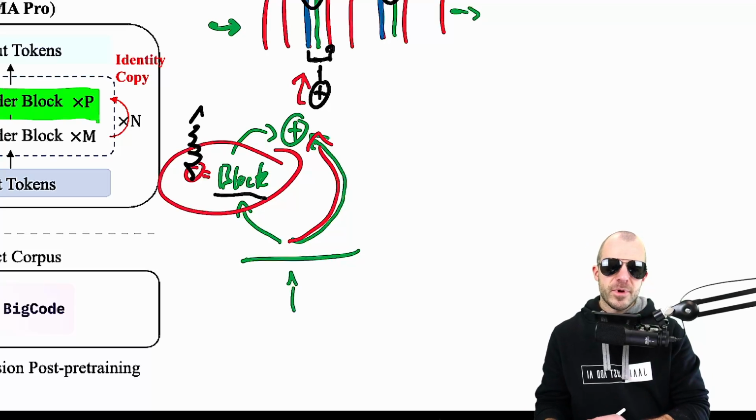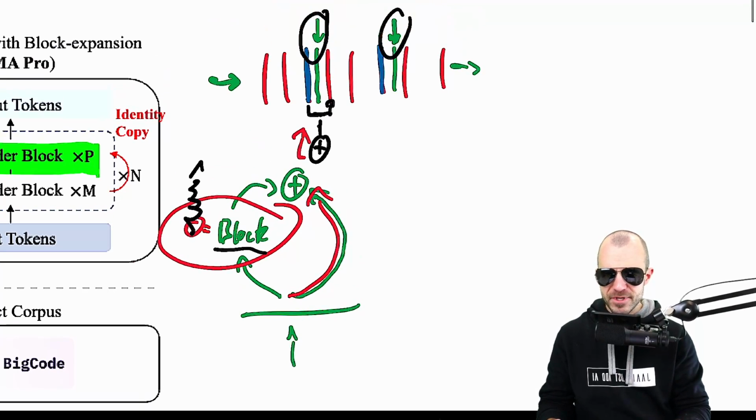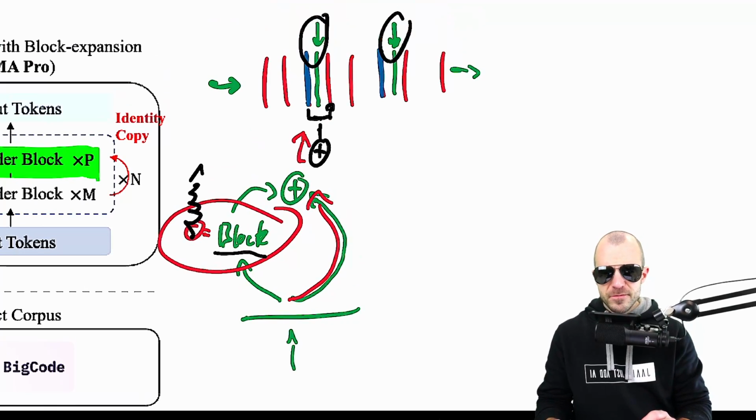Now they claim what this will do is it will retain the old knowledge while adding in new knowledge. And there is where I become a bit skeptical, because if you train only with new data, right, you permanently change the signal.